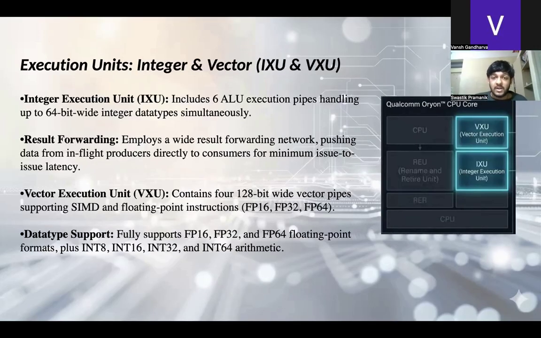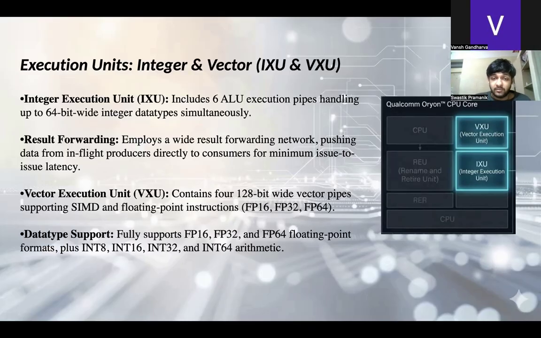Next, we'll go into execution units. The processor has two execution units, integer execution units and vector execution units. The integer execution units include 6 ALU execution pipes handling up to 64-bit wide integer data types simultaneously. The vector execution unit contains four 128-bit wide vector pipes supporting SIMD and floating point instructions like FP16, 32, and 64.